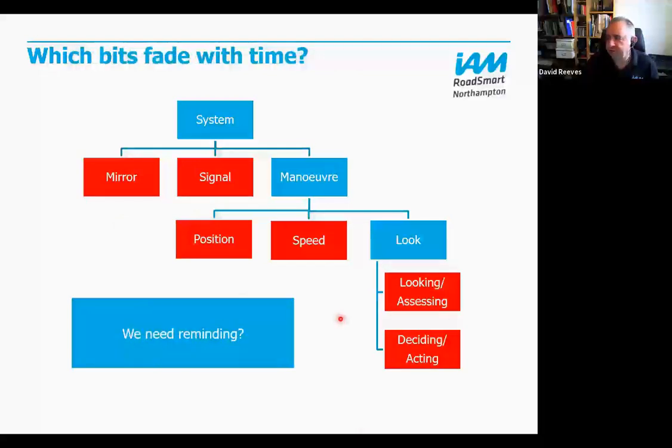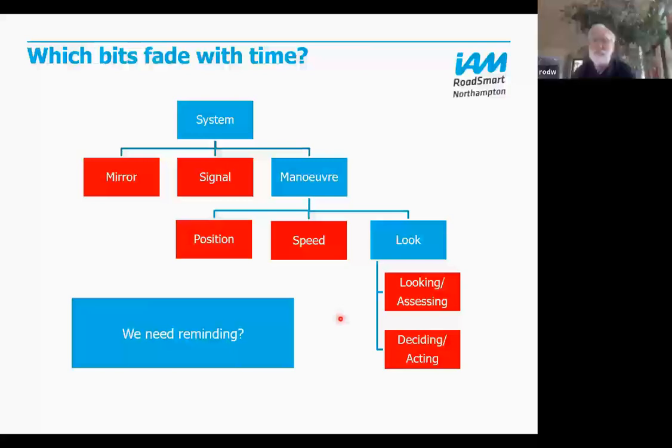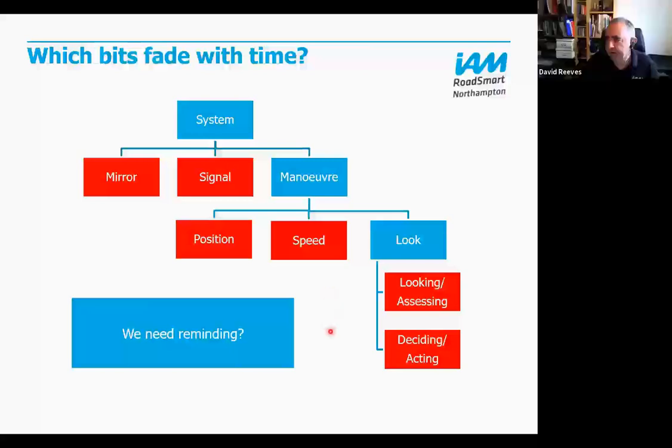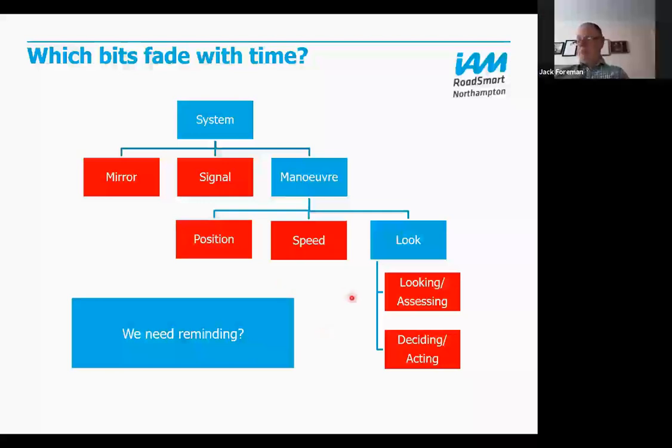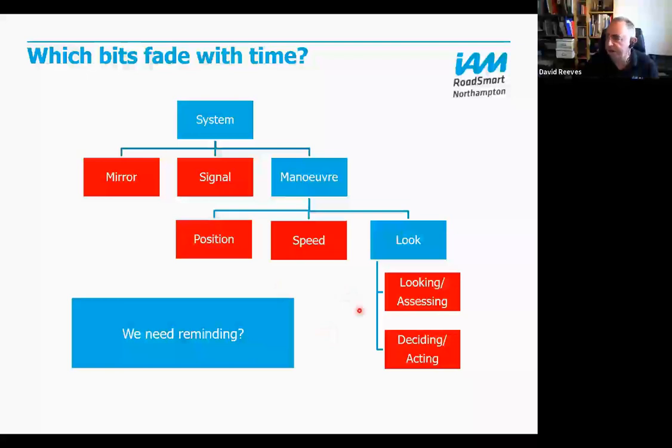When people learn to drive, you always have somebody with you, ideally an instructor, but it might be your mum or your dad or whatever. They will tend to give you instructions, typically along the lines of, at the end of the road, turn left.